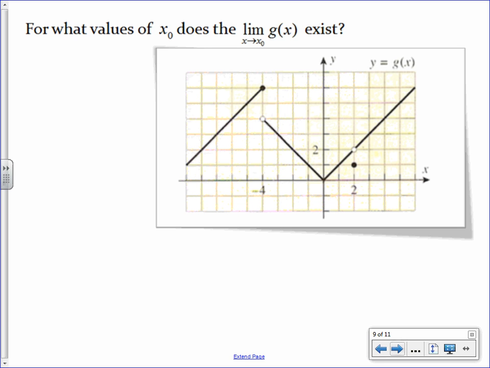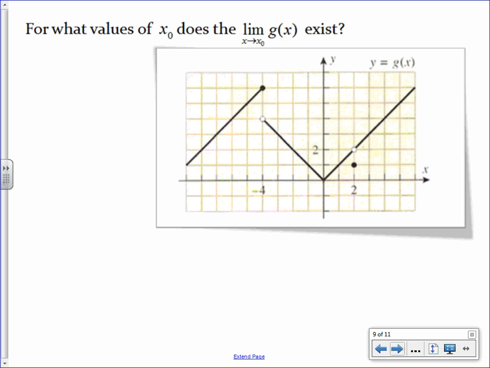Okay. I want you to think about this graph. For what values does the limit fail to exist here? Don't yell it out. Look at the graph and think about it. What would our two areas of concern be?